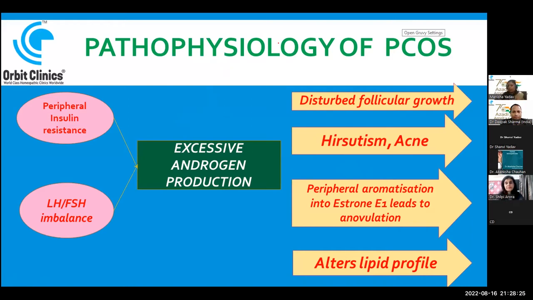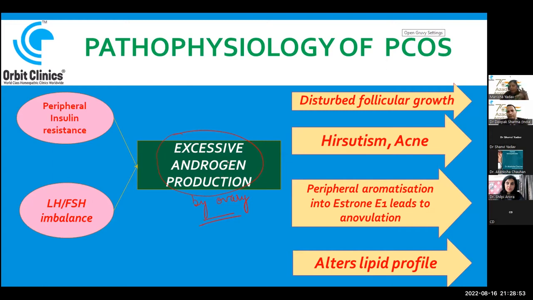But what are the after effects of this imbalance in the body which lead to this development? In one word, you can say excessive androgen production by the ovary is the culprit behind all this problem. So excessive androgen is the main reason behind PCOS.